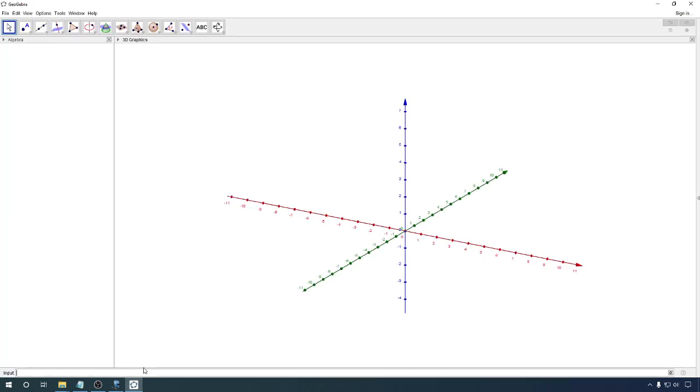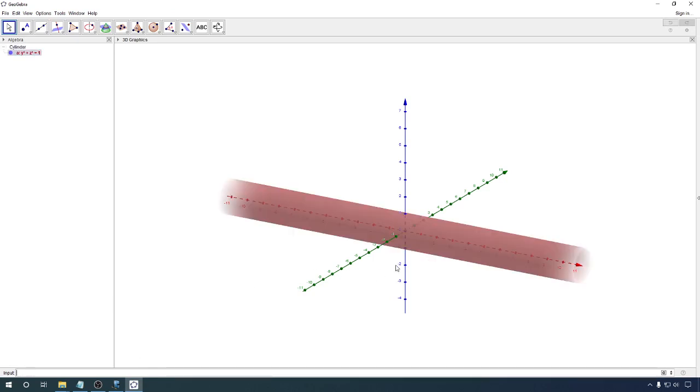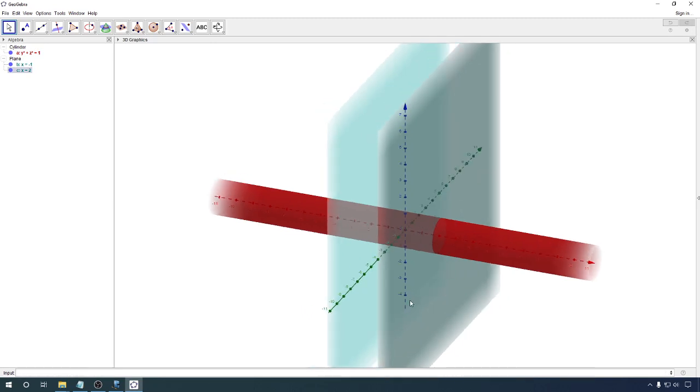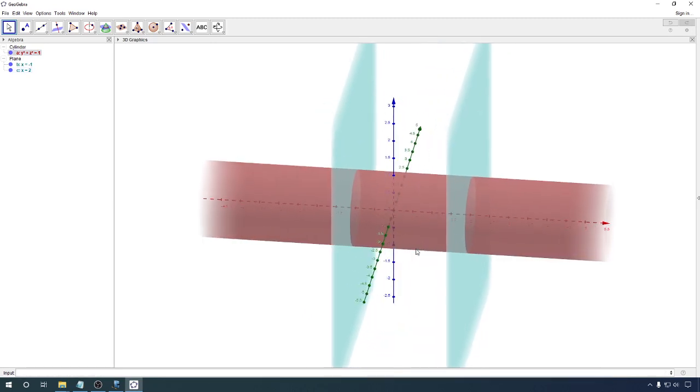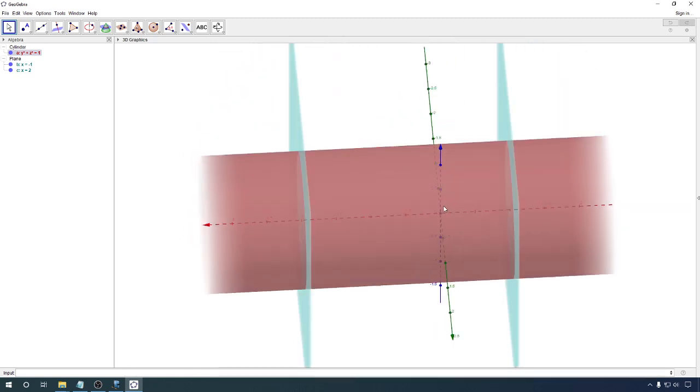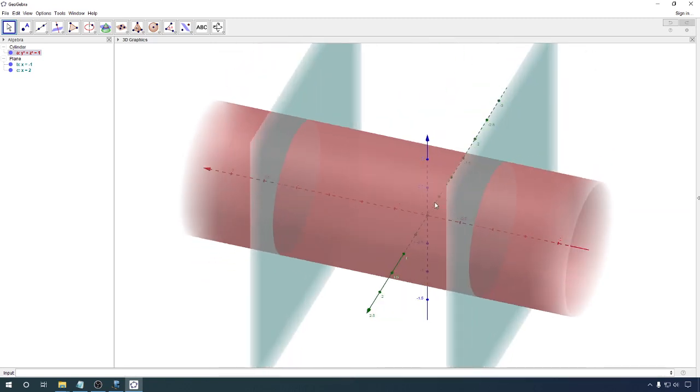So our cylinder was y squared plus z squared equals 1. Then we're bounding that between the planes x equals -1 and x equals 2. So we're just looking at this part of the cylinder. And we want to find the surface integral over that.